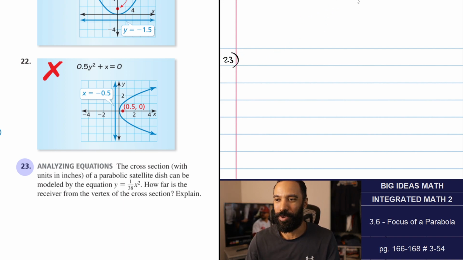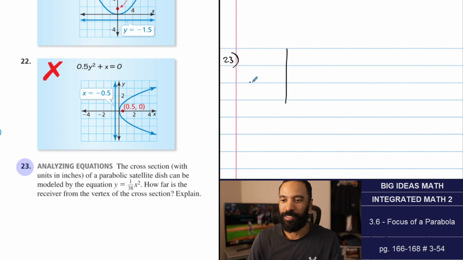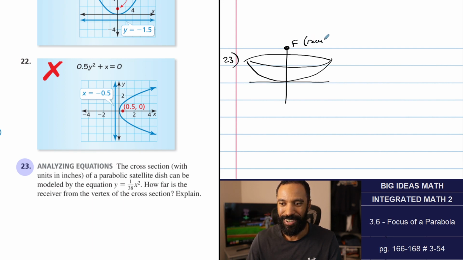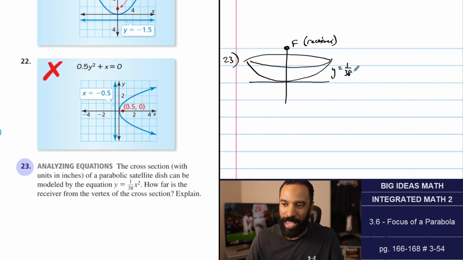So on number 23, we have a satellite dish, modeled by this equation right there. And then the receiver, I imagine, is just this point right here, which is the focus and the receiver. So this is y equals 1 over 38x squared.